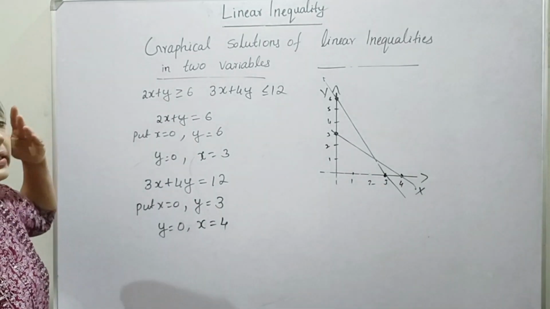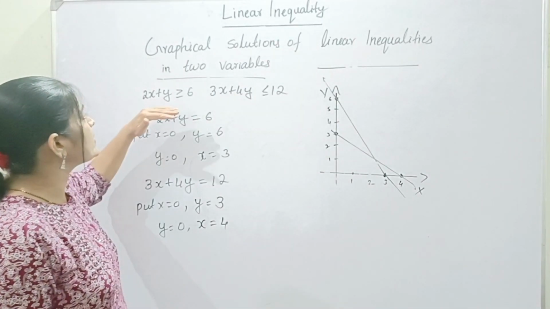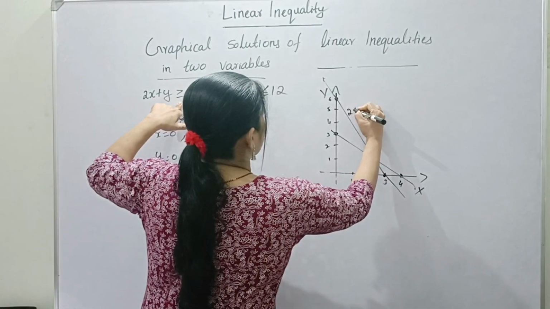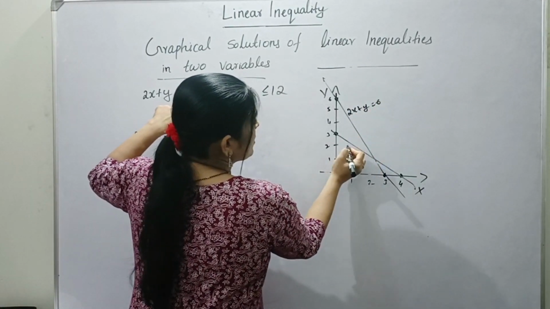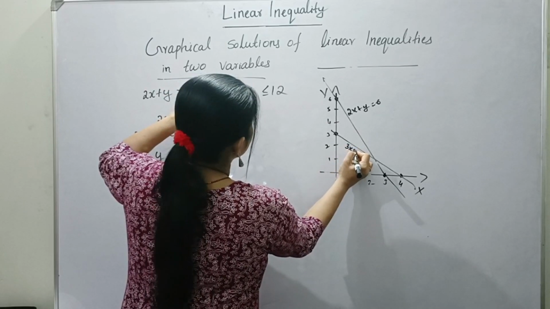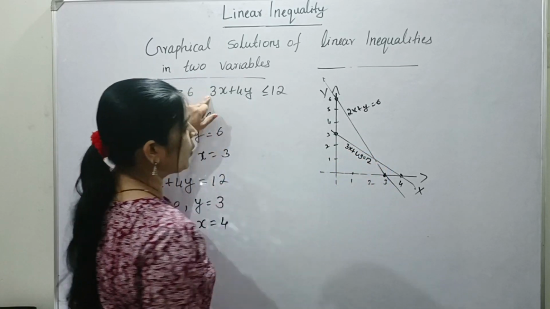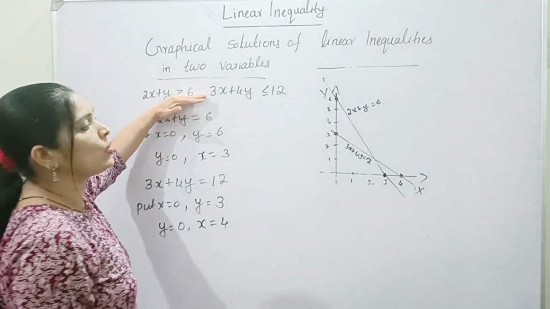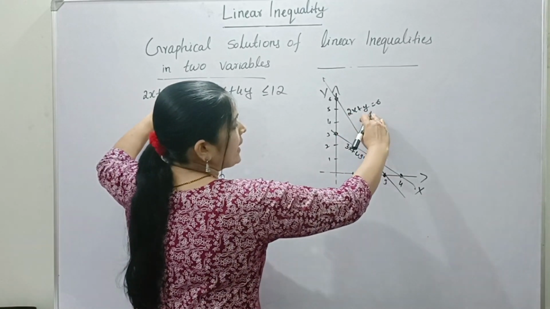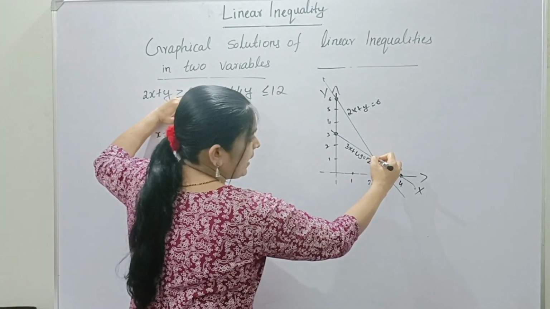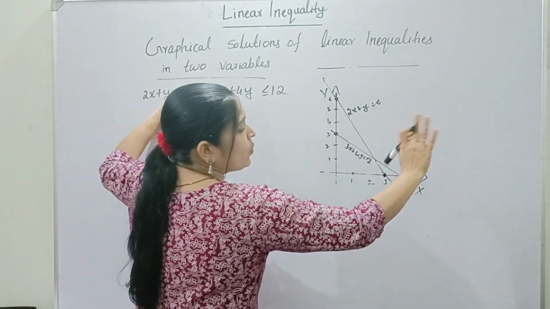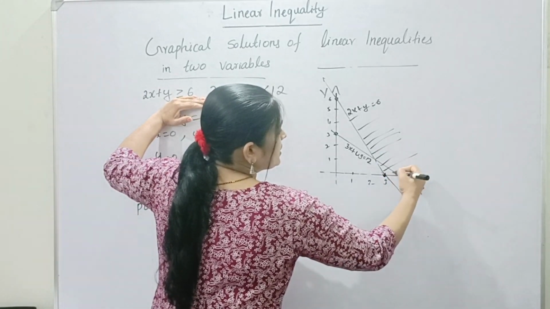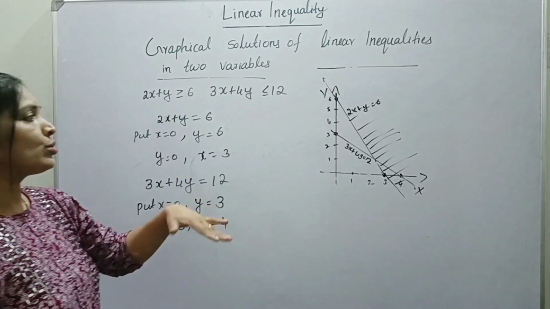Okay. Next, look at the inequalities. What inequalities are given? 2x + y ≥ 6. Here, this line is 2x + y = 6, right? It is given that 2x + y ≥ 6, which means towards the outside, from out of this line.